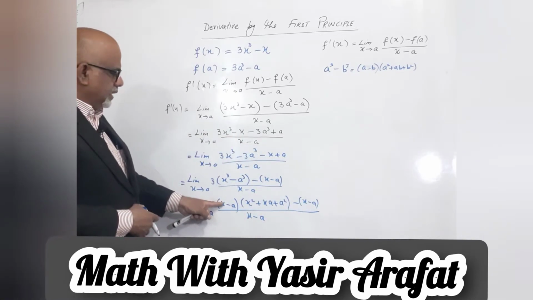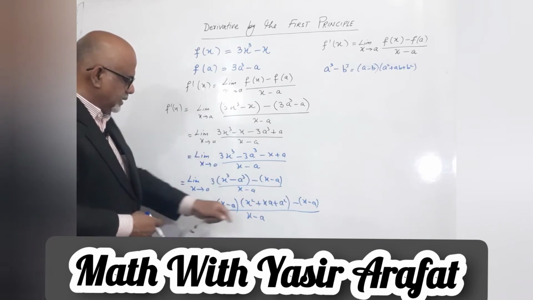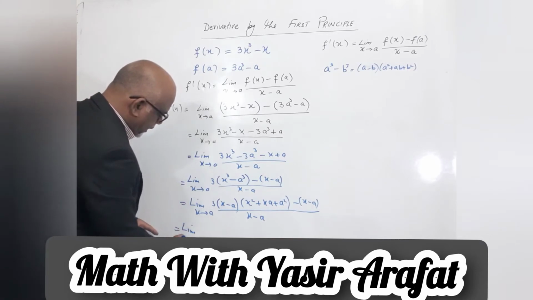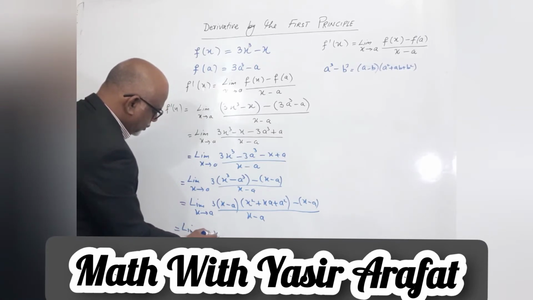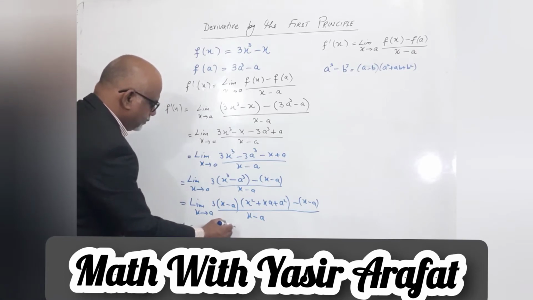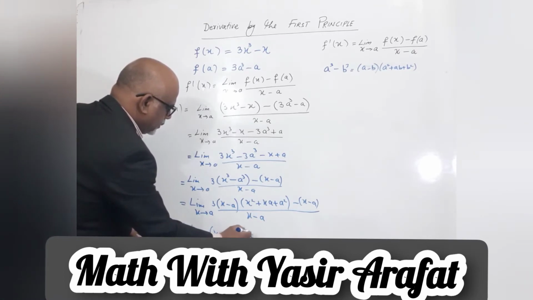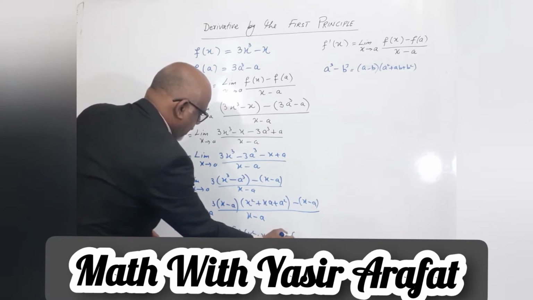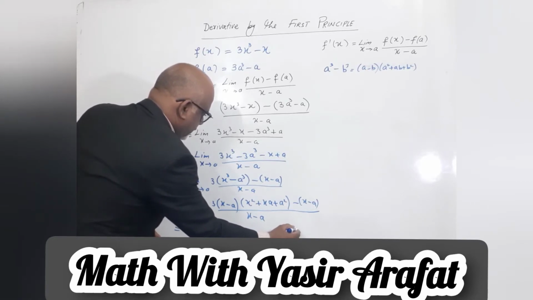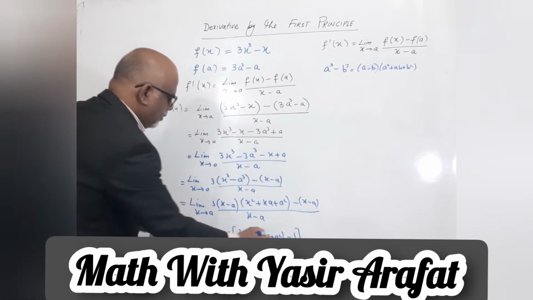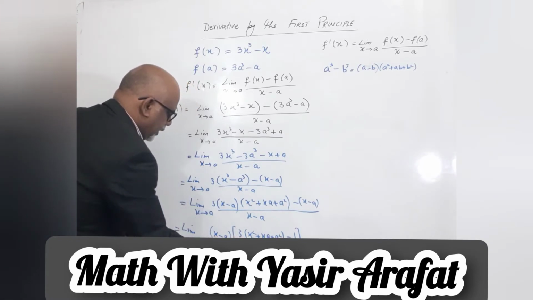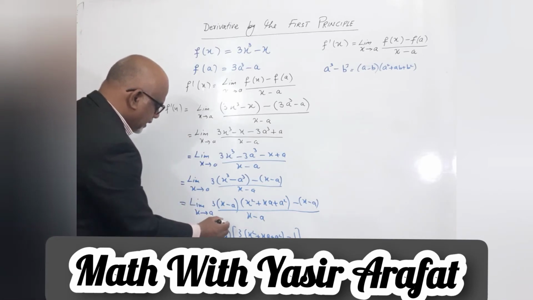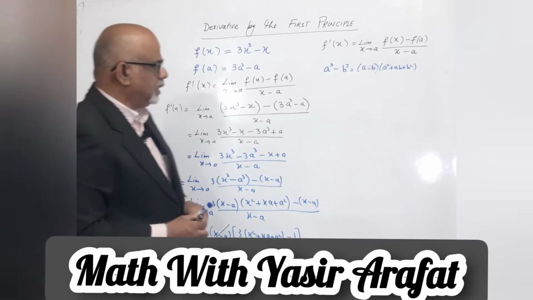Now we have to take out x minus a common from the whole numerator. So this is limit x tends to a, x minus a common, so 3 times x square plus xa plus a square, minus 1. So x minus a will cancel out.